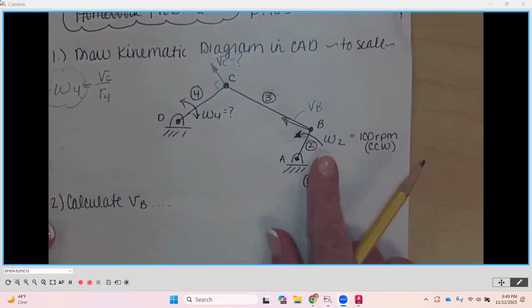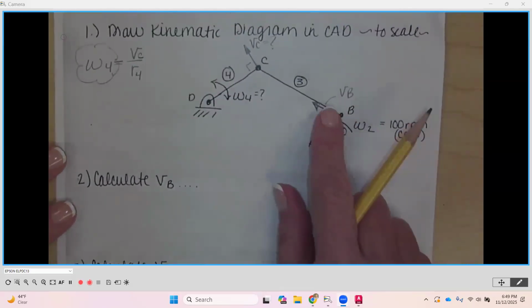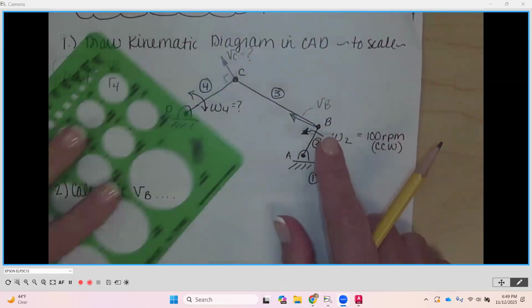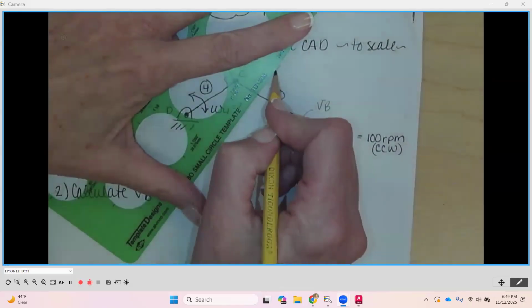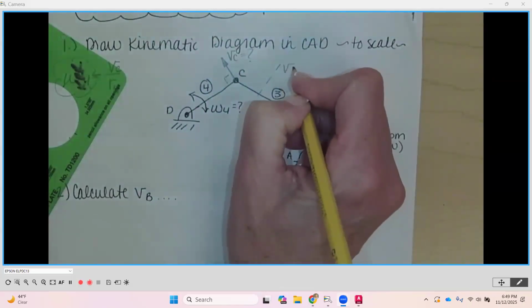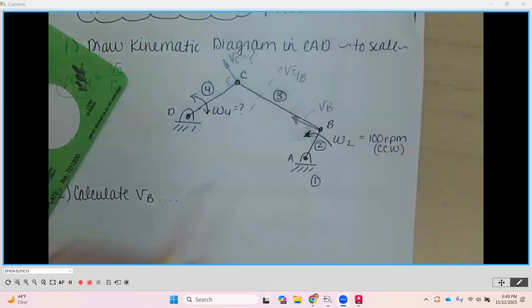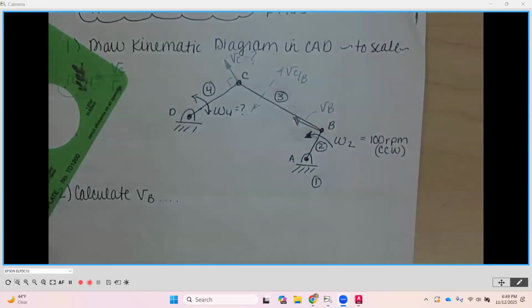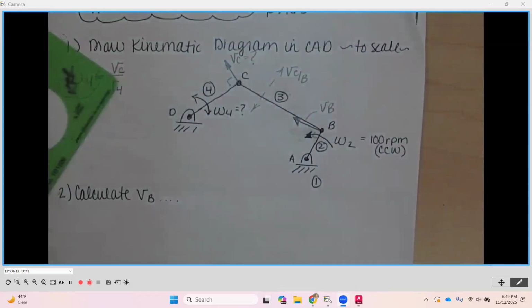And then because we know our W2, we'll be able to calculate our VB, right? Our velocity at B. And then because this is connected through link number 3, we are going to have that relative C to B velocity along this line. We don't know which way it's going to go yet, but we'll be adding that in. But those are going to be our 3 vectors.